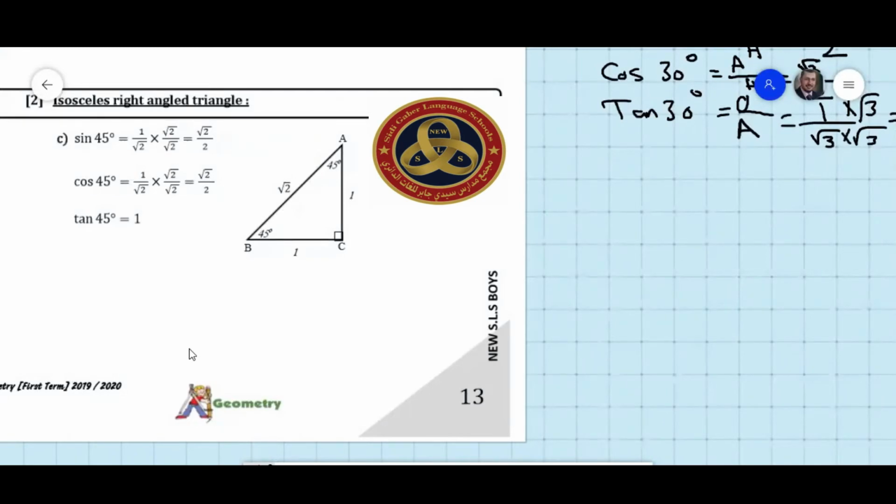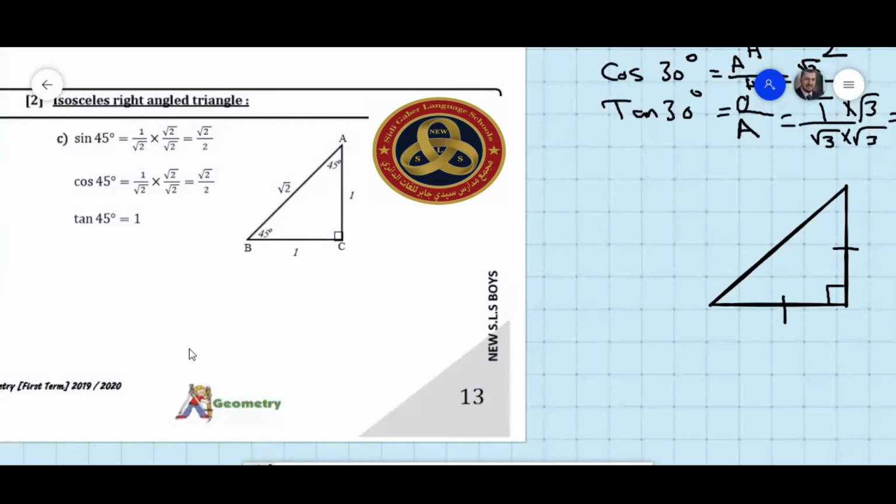In the same way, the angle 45 lies in the triangle which we studied before in the first term of middle 2. This triangle is a right angle triangle and also an isosceles triangle.